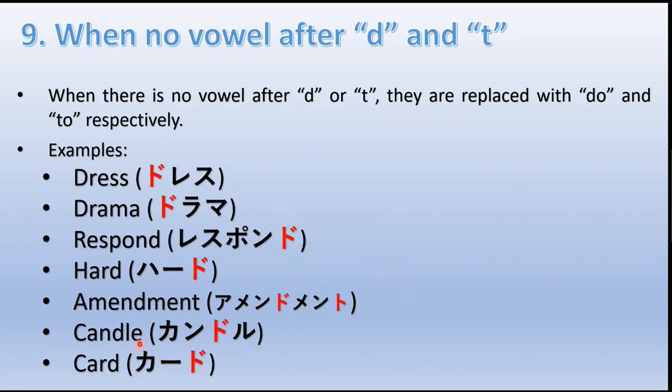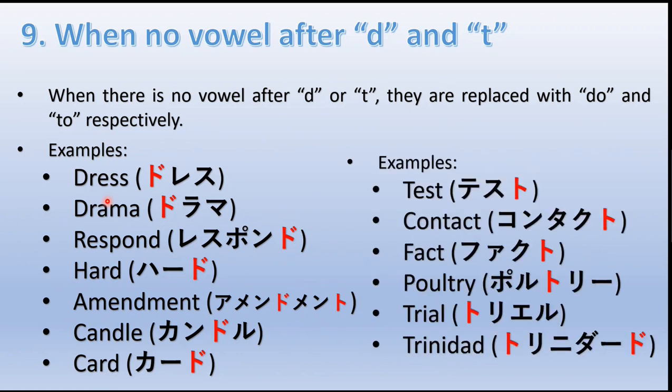So you can see that in each of these words, when D and T are not followed by vowels in English, in Japanese words they will be written as do or to. For a few more examples, test will be written as tesuto.